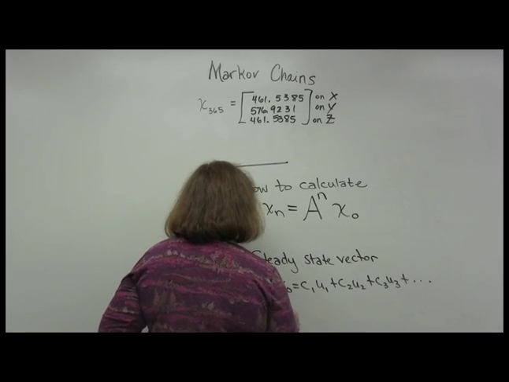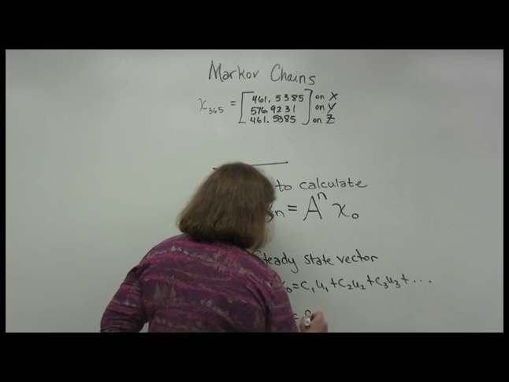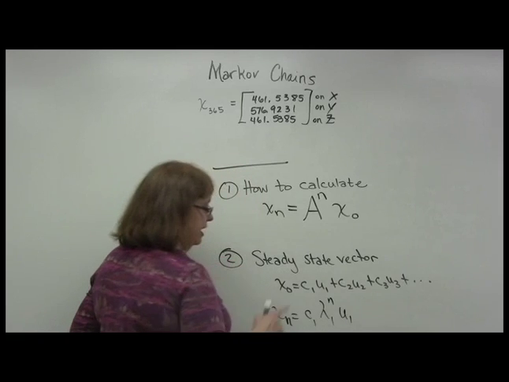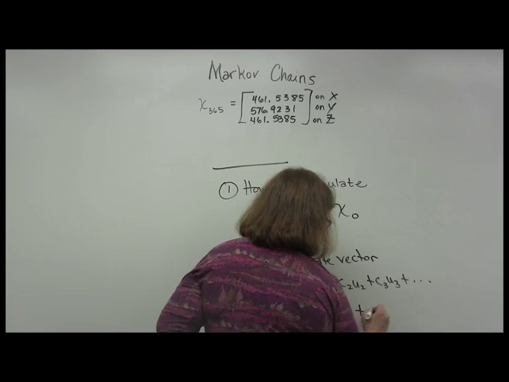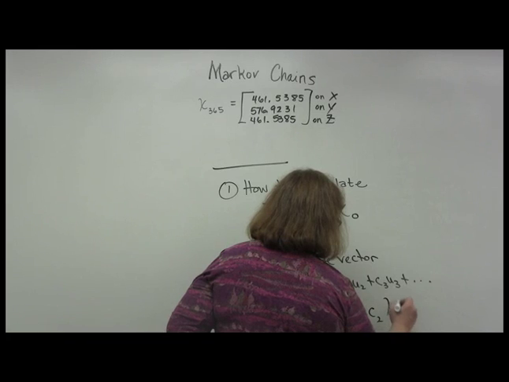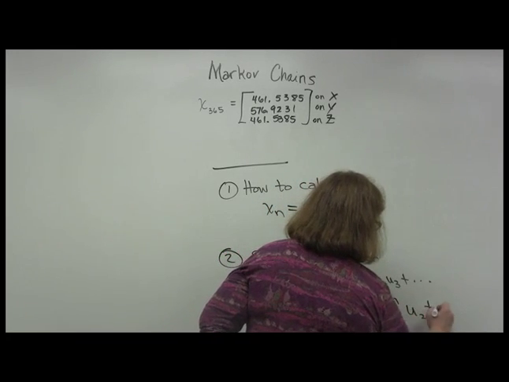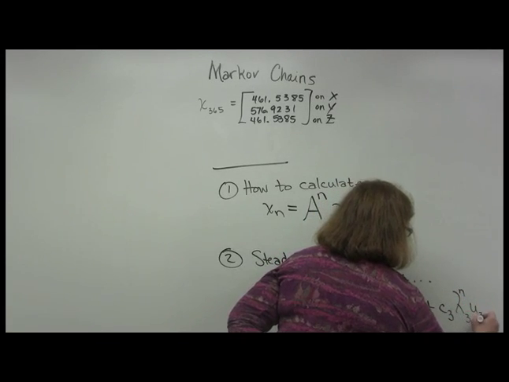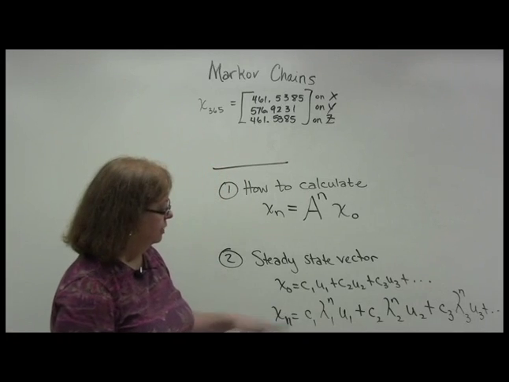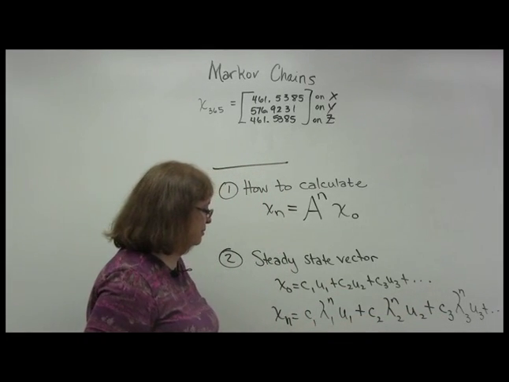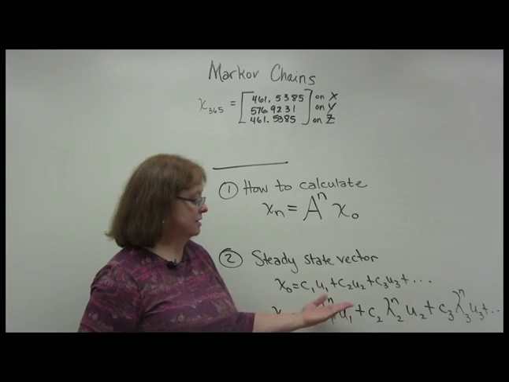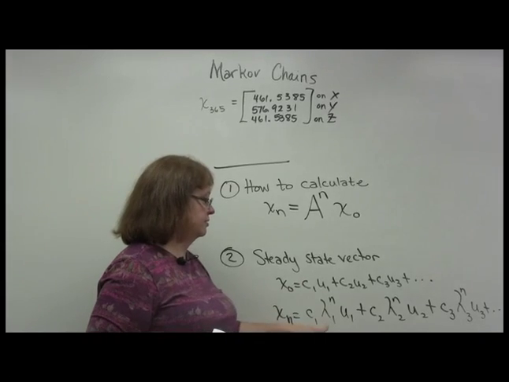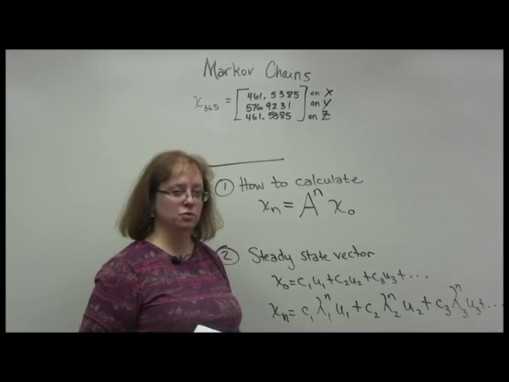And then we also found that for x sub n, we could do the c1 times the lambda 1 to the n u1, where that u1 corresponded to lambda 1, plus c2 lambda 2 to the n u sub 2 plus c3 lambda 3 to the n u sub 3 plus however many more you have. Okay, we had to find our own c's in this problem, and then we filled it all in. And we always had everybody going to 0 when you're talking about a huge amount of time, other than this one guy where your lambda was 1.